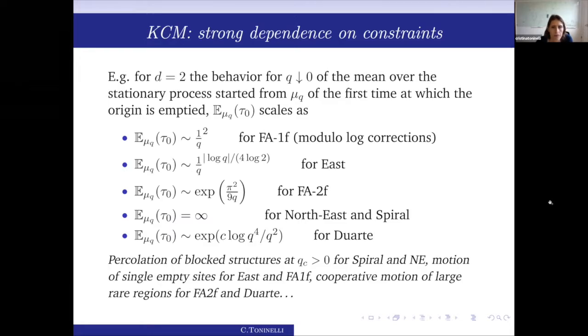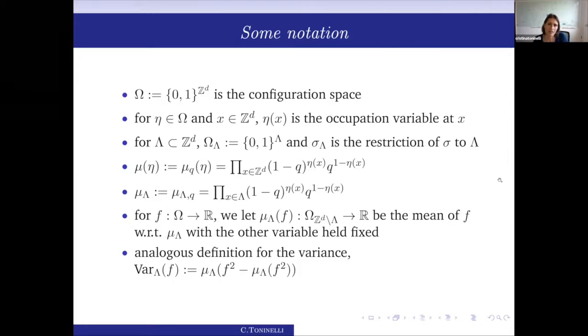So what's next? Next is some notation. I really wanted to keep things basic and clear, so I like to introduce some notation first. What I call omega is the configuration space for this model, so {0,1}^(Z^d). I will call by the Greek letters eta, sigma the configurations.